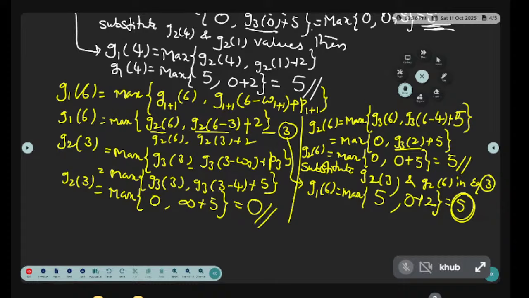నేను ఇప్పుడు ఒక ఎగ్జాంపుల్, G0 of 6లో G1 of 6 కావాలి, G1 of 4 కావాలి.